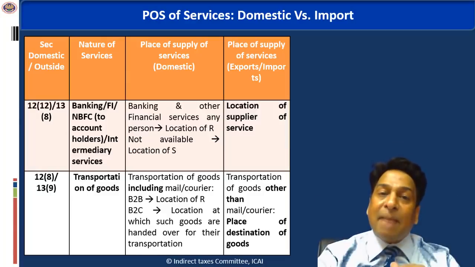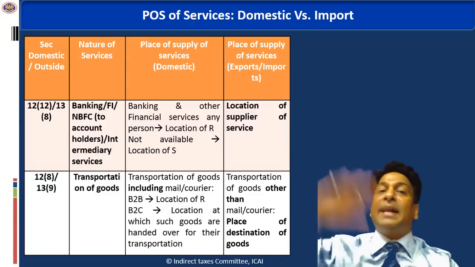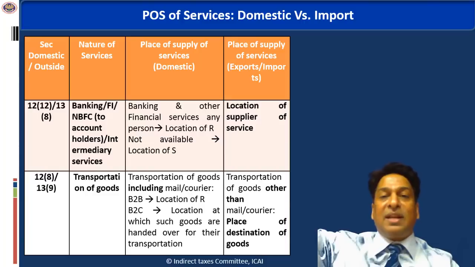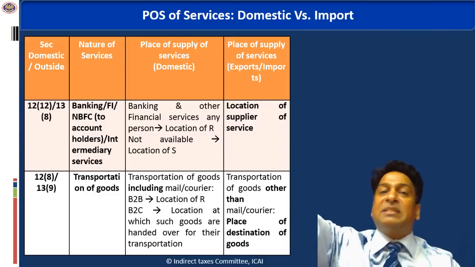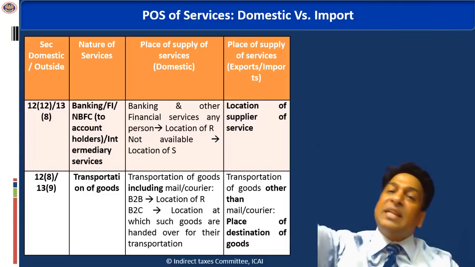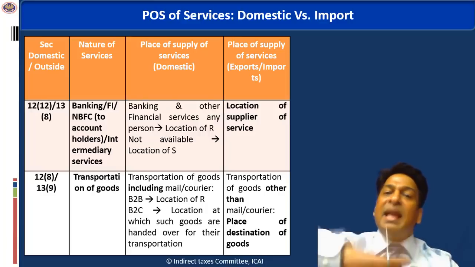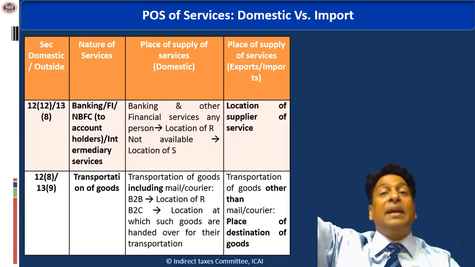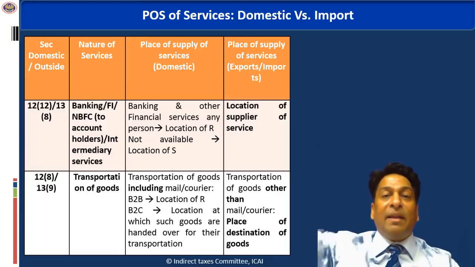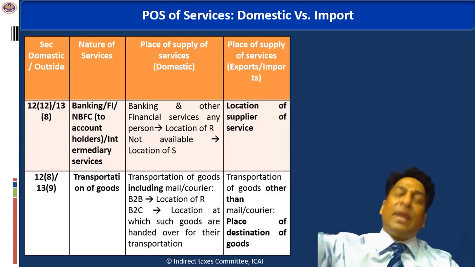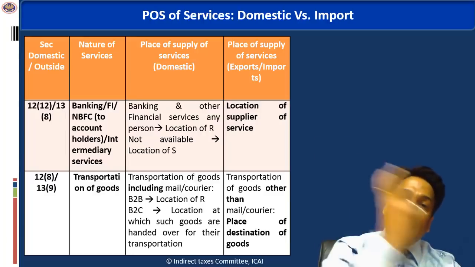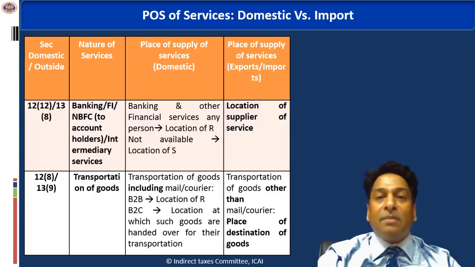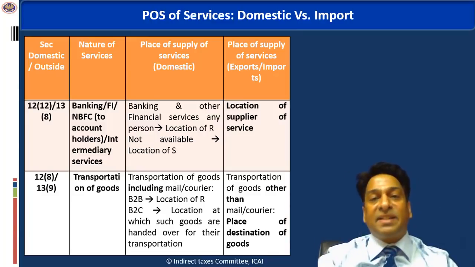What happened in the contrary example? Let's say I'm an Indian supplier asking my foreign commission agent to identify a customer base in a foreign country, let's say Korea. He has identified the customer for me. I, the Indian supplier, supplied the goods to a customer outside India. Then this foreign commission agent raises an invoice to the Indian supplier for his services.